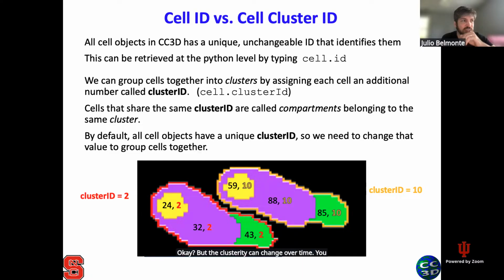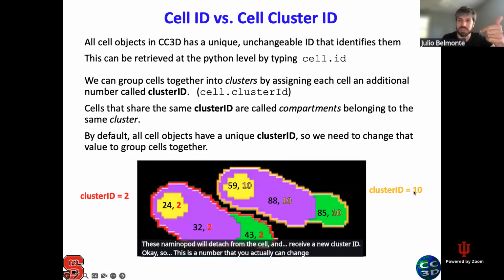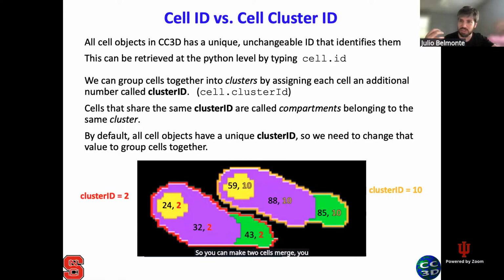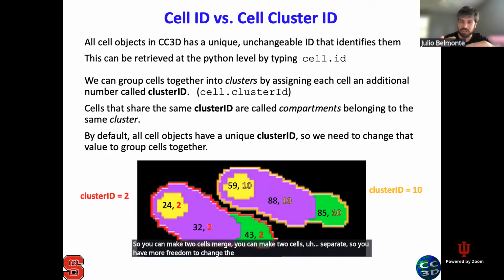You can suddenly say that from now on, this lamellipodium will detach from the cell and receive a new cluster ID. So this is a number that can change over the simulation. You can make two cells merge, you can make two cells separate, so you have more freedom to change the cluster ID of the cells.